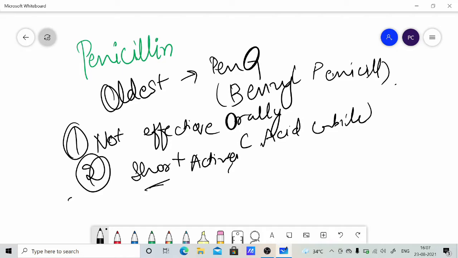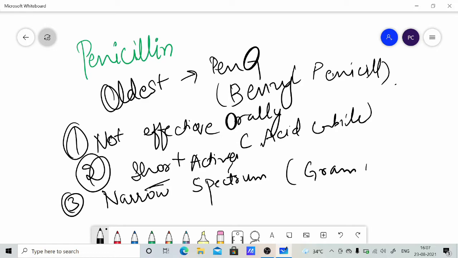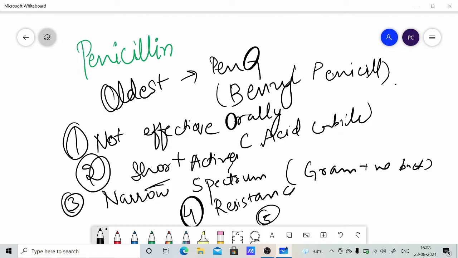Another thing we have to note here is that it has a narrow spectrum. What do we understand by spectrum? It mainly acts against very few bacteria, like only gram positive bacteria. Another thing to note is that many bacteria develop resistance against it, and many people are allergic to it also.